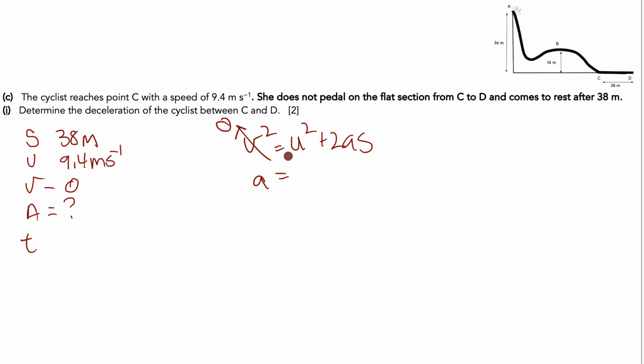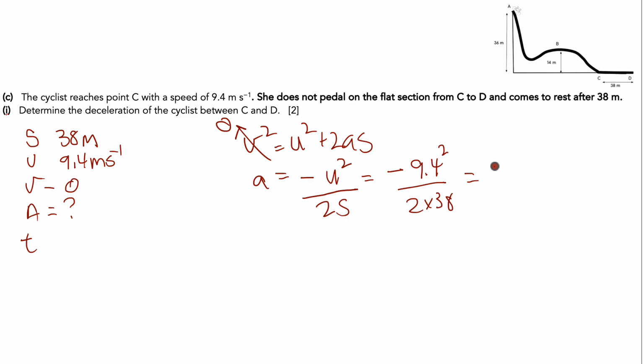A is going to be, move this to the other side, negative of U squared. Now, notice that negative is before this, so it actually does not disappear with the square. And 2S. So the negative 9.4 squared over 2 times 38.